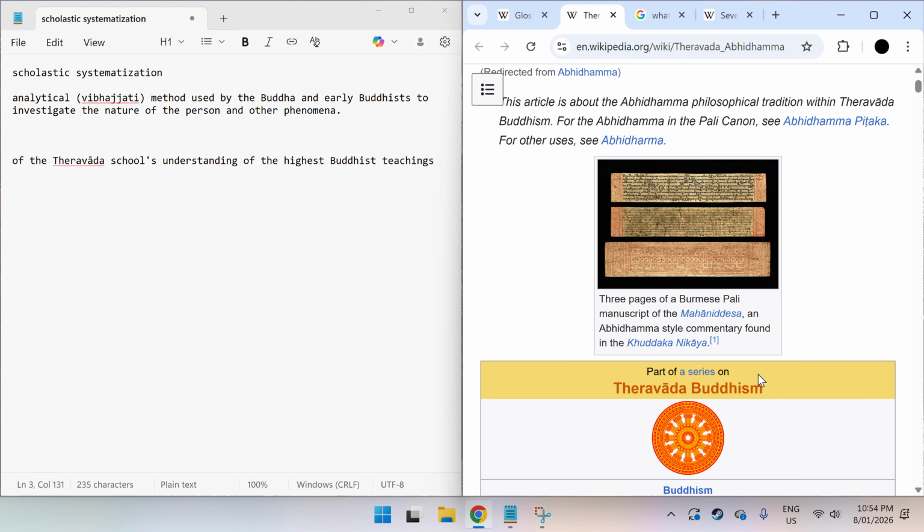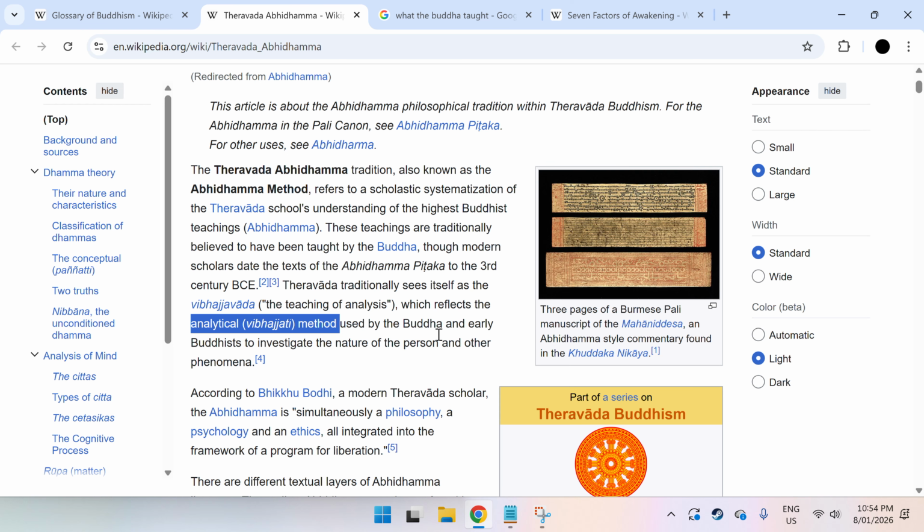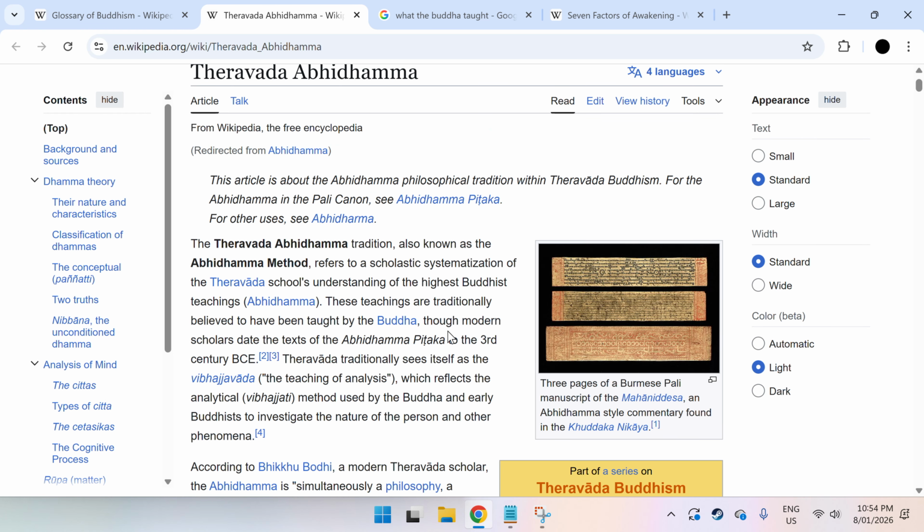So I'll open this up again. Okay, so this entire thing seems to have to do with all of the texts, all of the writings that talk about what the Buddha believed.